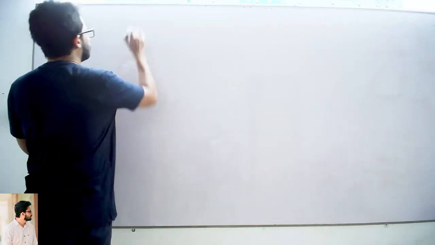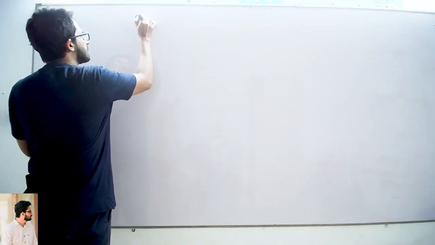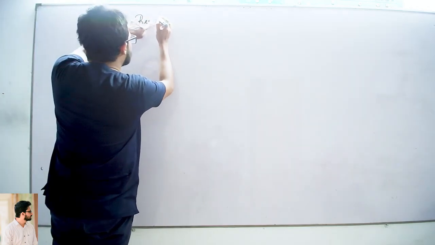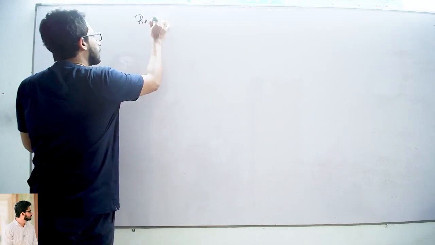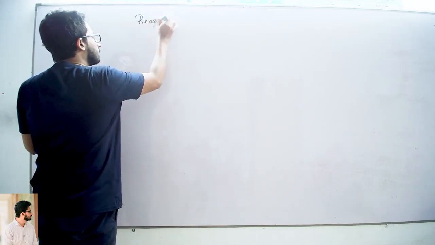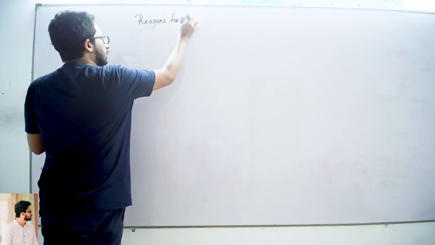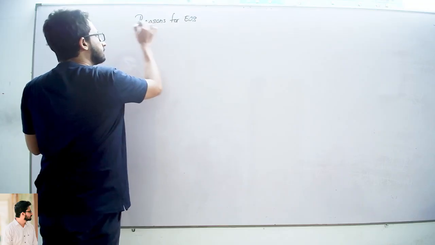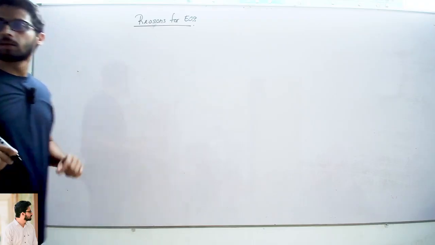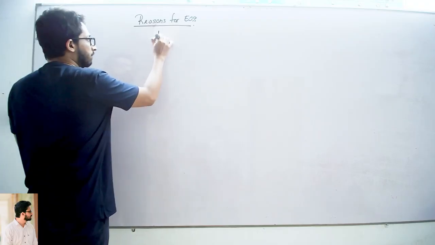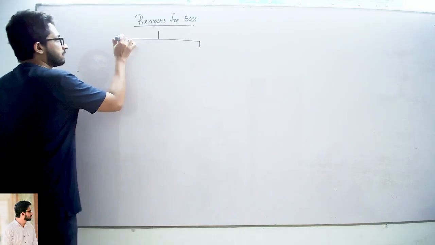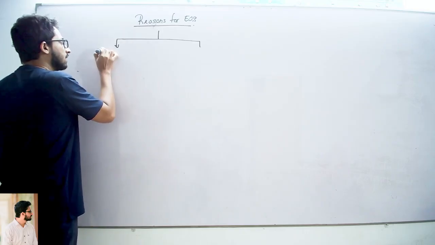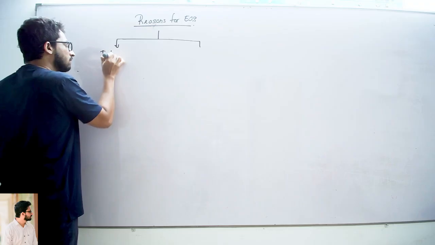These are called reasons for economies of scale, reasons for EOS. Here mainly there are two reasons. First one is internal economies of scale.